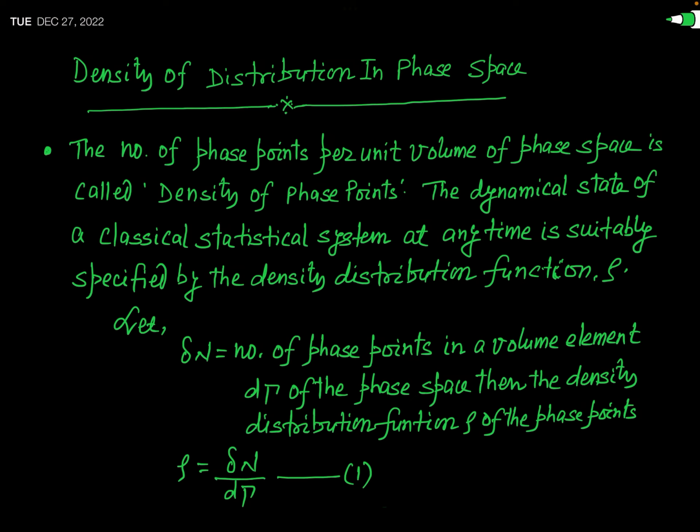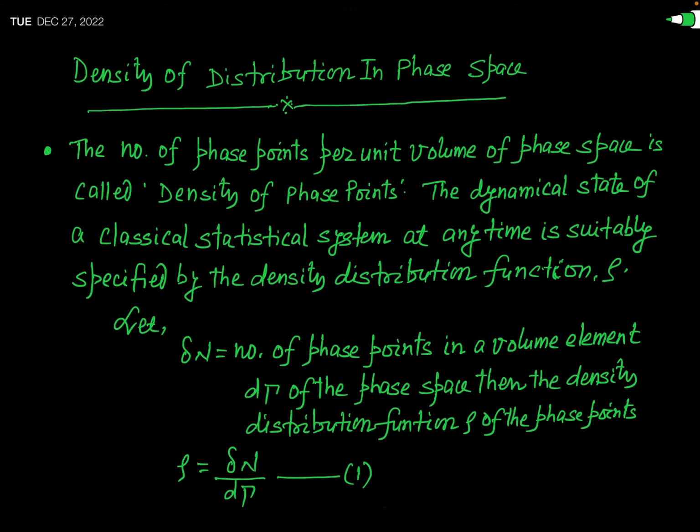When you say density of distribution in phase space, that means we are going to define the density of phase points in phase space. This density of phase points is also known as the density of probability distribution, or you may also call it probability density or the distribution function.